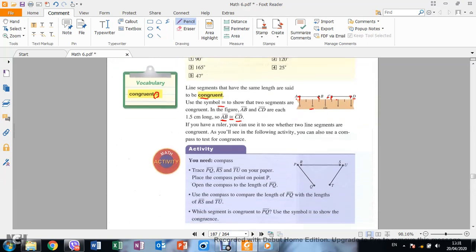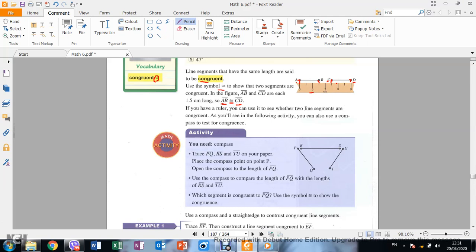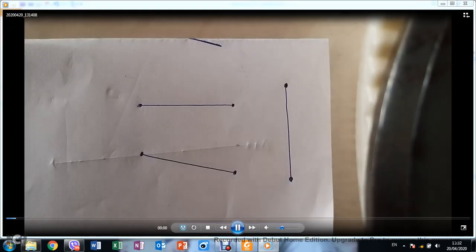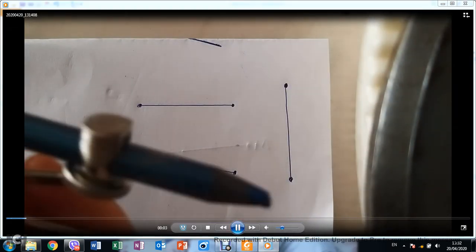Now we have an activity. You need a compass. By using the compass, you need to measure the length of these lines. Look at this video, I read it for them.